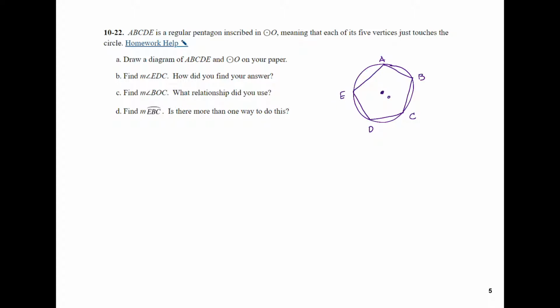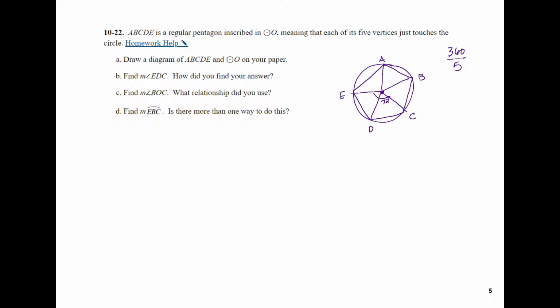Find the measure of angle EDC. These are all radii from the center to the outside. If we take 360 and divide that by 5, that tells us that each of our central angles is 72 degrees.